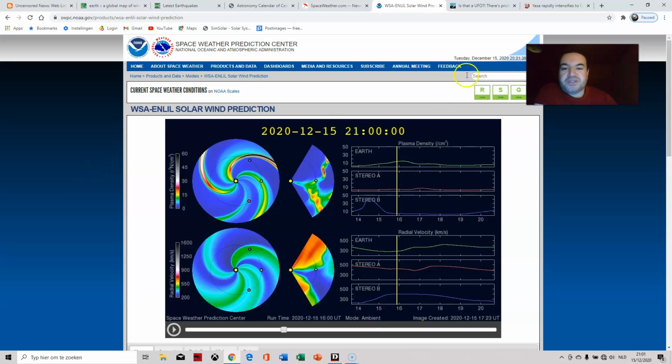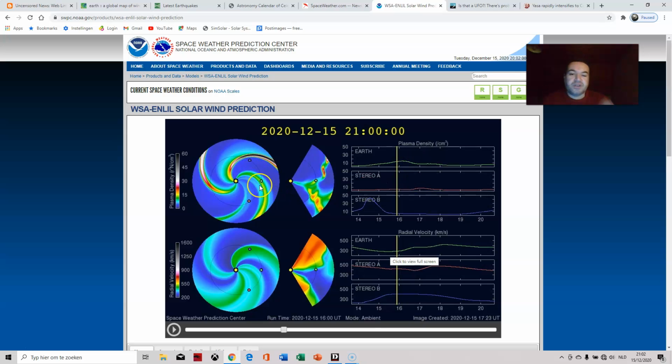This is only a prediction, but it validates what we are seeing. So the density rises, but not the speed. This is the velocity. So this is plasma density. This is radial velocity, the speed in kilometers a second. And you can see that for some reason the speed is decreasing, but the density is increasing.